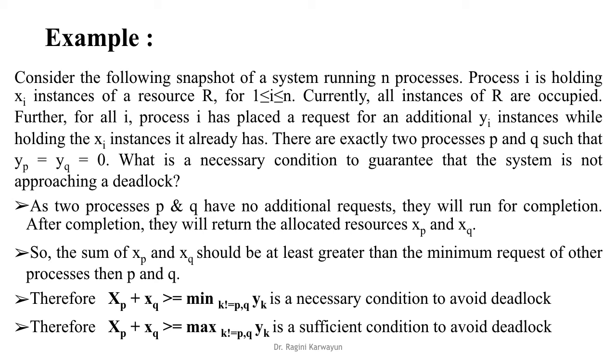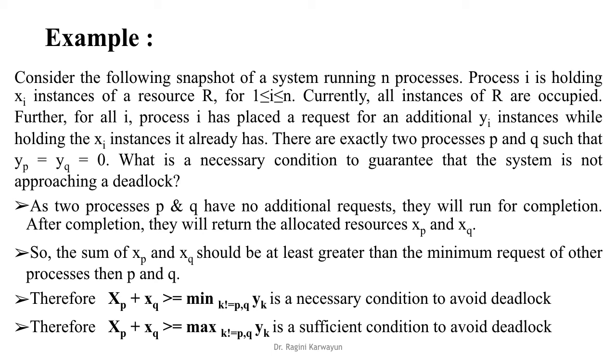So each process has xi resources allocated and needs yi more. There are exactly two processes P and Q such that they don't need any additional request, that is yp and yq are equal to 0. What is the necessary condition to guarantee that the system is not approaching a deadlock?